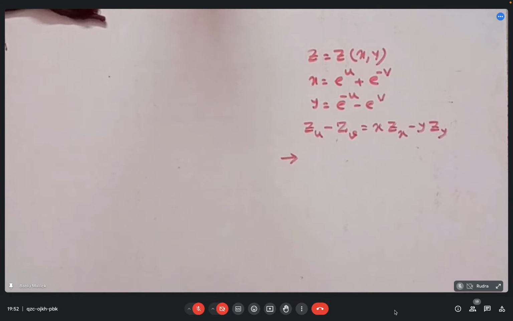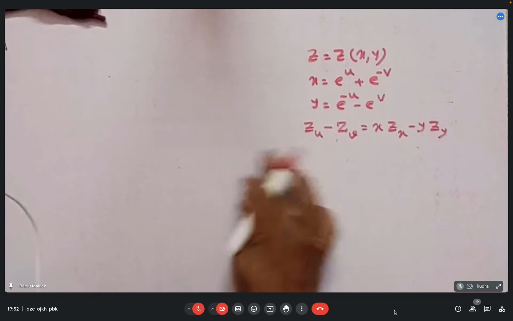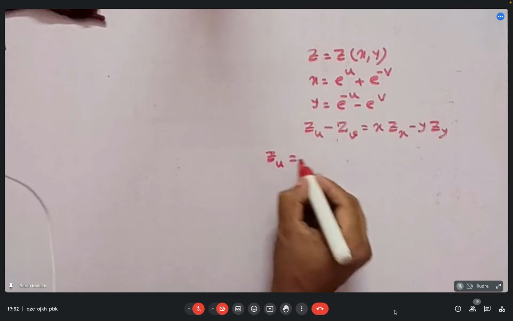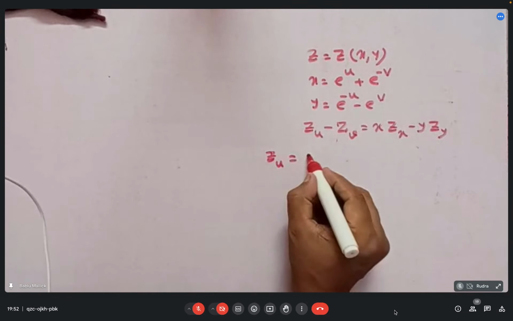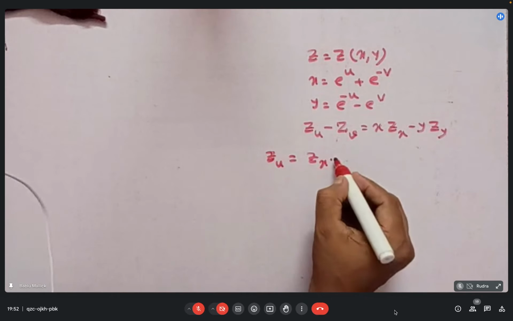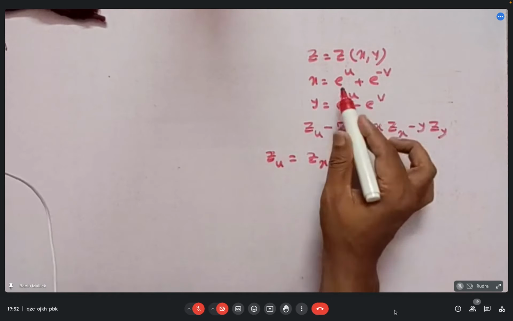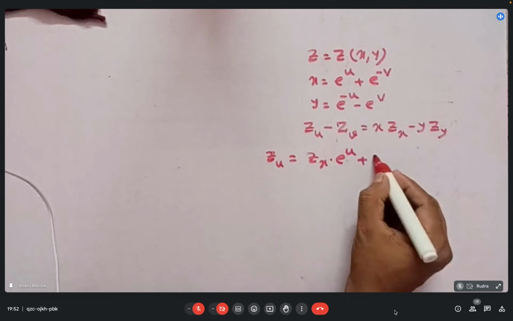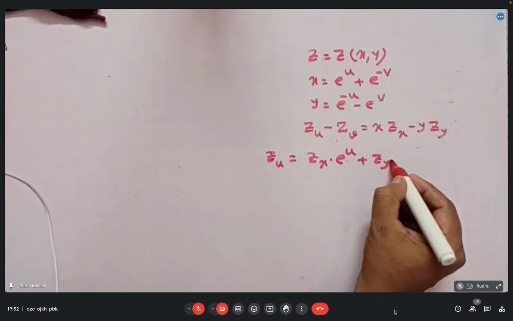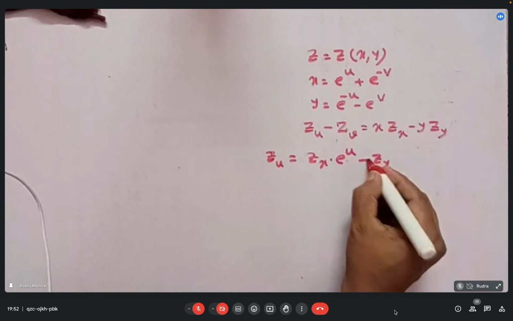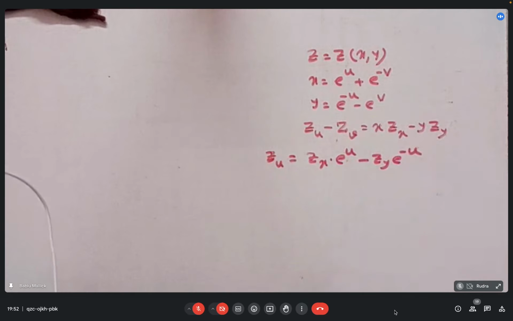Look, del z del u, here z u means del z del u, it is del z del x into del x del u, that is e to the power u, plus del z del y into del y del u, that is minus of e to the power minus u.